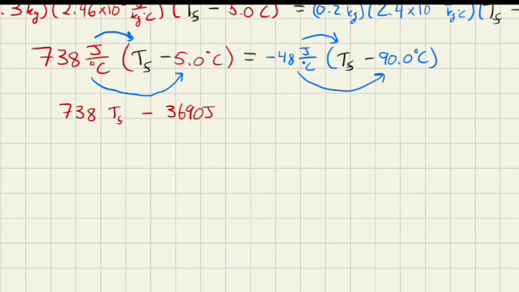I just said I was going to drop units. 3,690. Okay. That is equal to negative 48 TF.